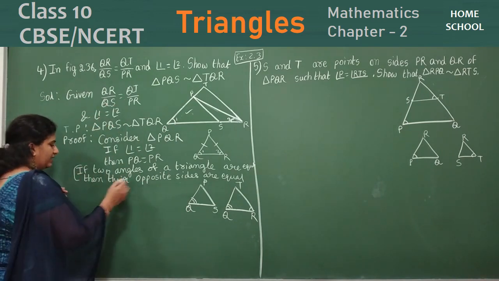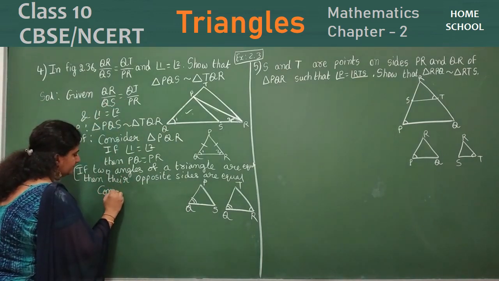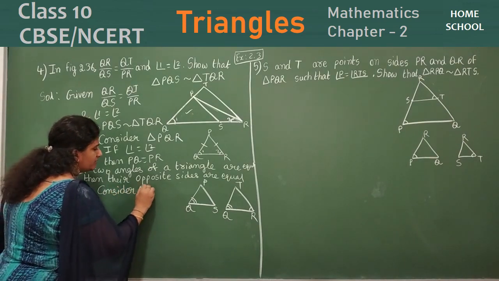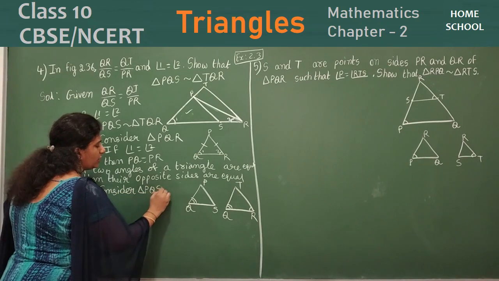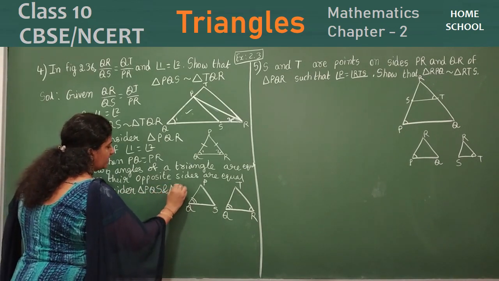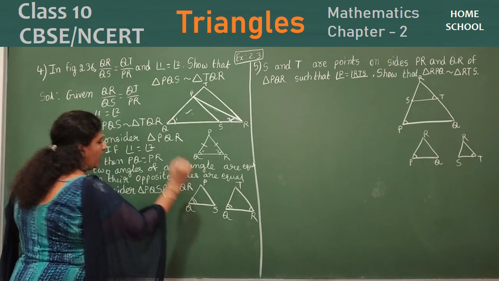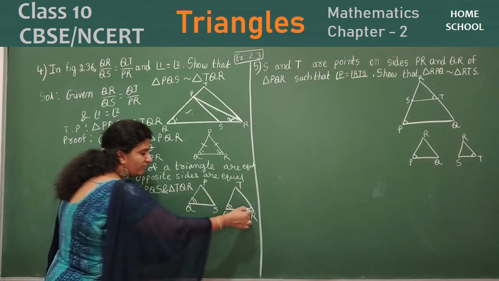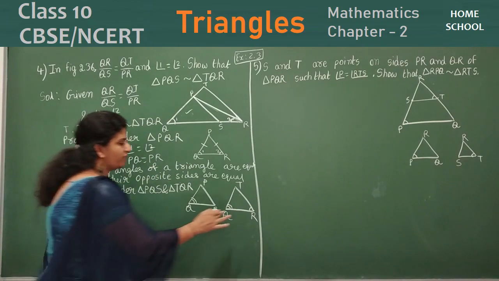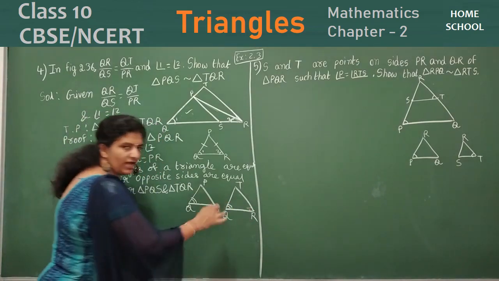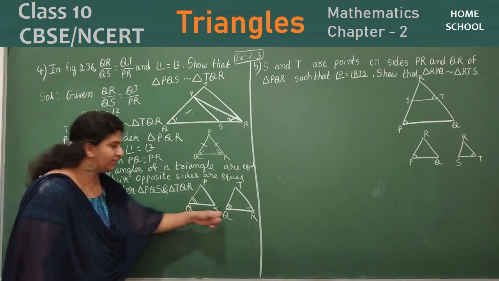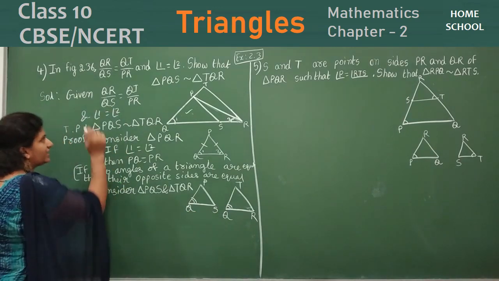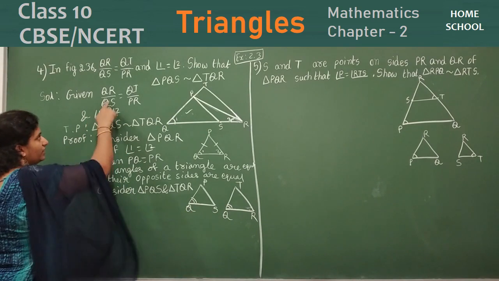So let's start here. Consider triangle PQS and triangle TQR. Okay, so don't try to compare angle 1 and angle 2 now. When you are comparing these 2 triangles, try to take only this angle. And one more, what is the given ratio here, children?